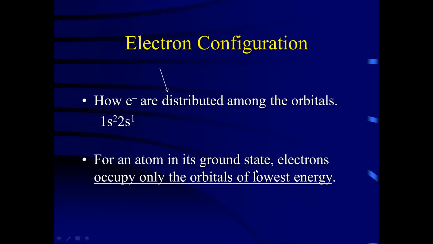For the atom in its ground state, we talked about ground state and excited state, electrons only occupy the orbitals of the lowest energy. That is understandable, like water tends to flow down because it wants to have smaller potential energy. If I drop something, it will go down to the ground. Electrons are the same, they like to stay in the ground state.